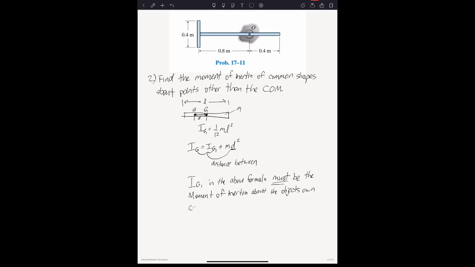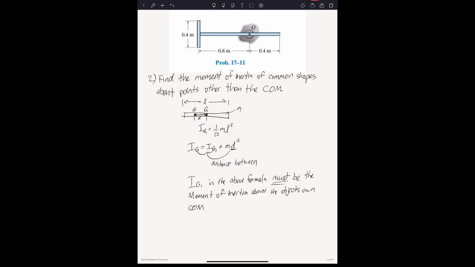This formula doesn't work in general just to relate 2 points to each other. To relate 2 points to each other, it's more complicated than this. To relate the center of mass of the individual shape to some other point, this is the formula. And you have to use it that way.